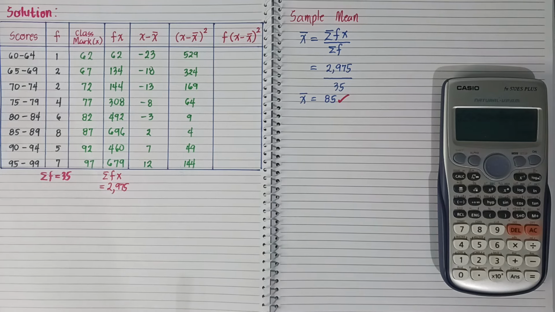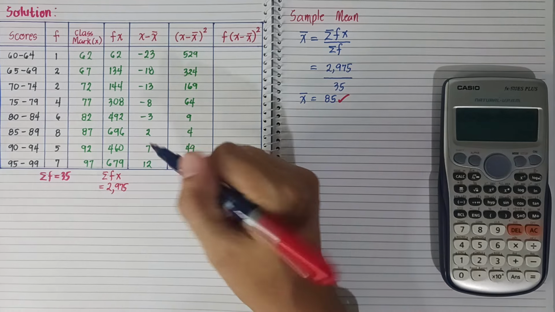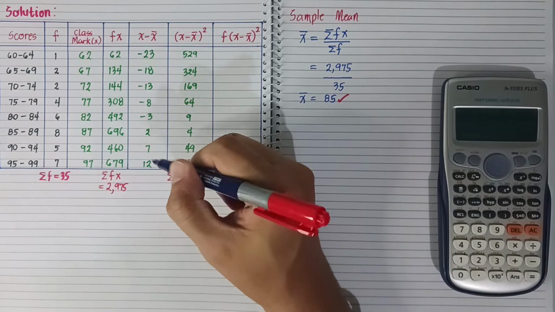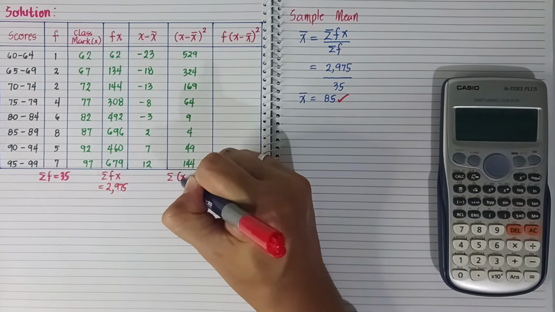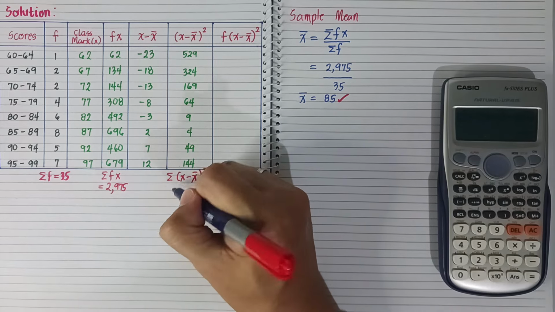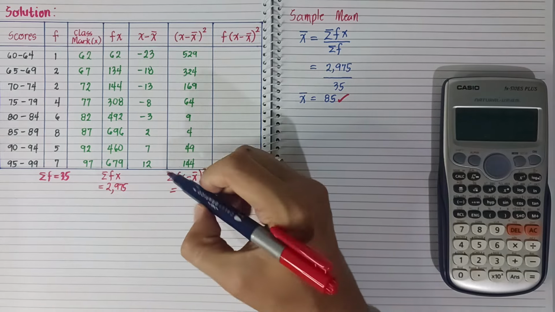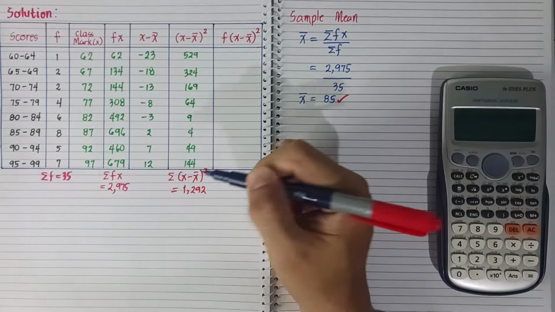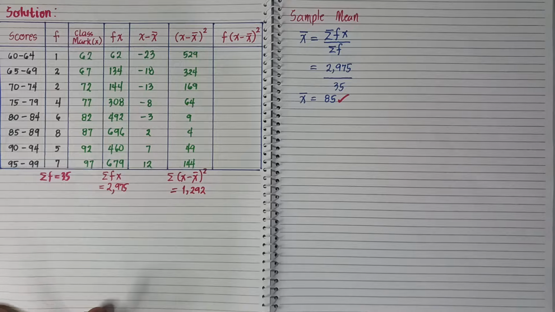So, summation, gamit ako ng red pen, summation of x minus x bar squared is equal to 1,292.